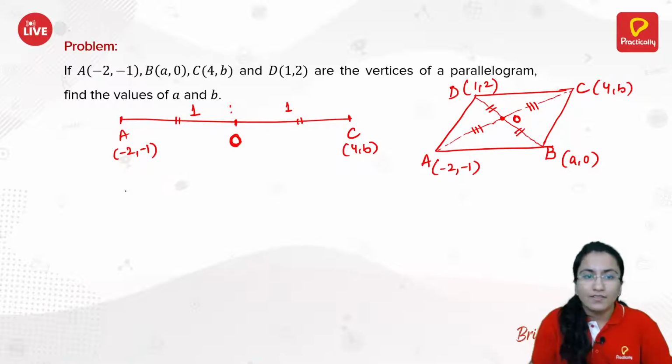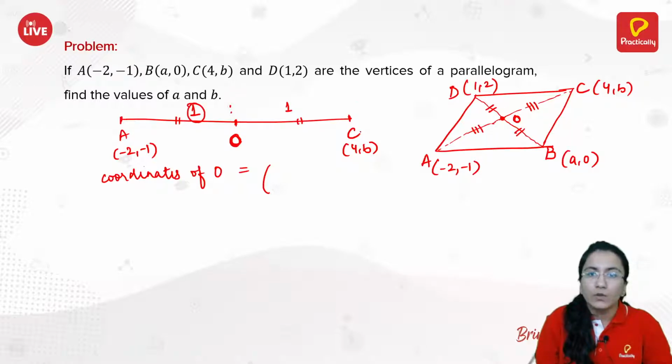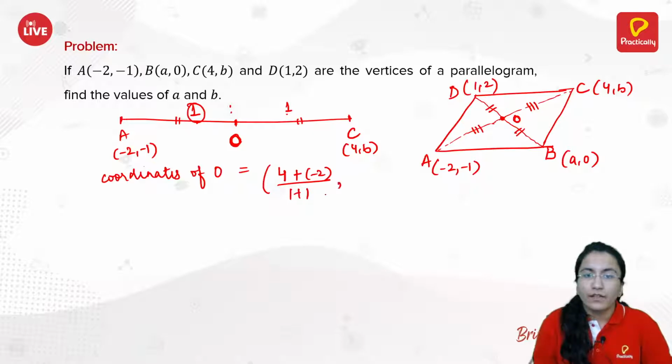So using the section formula, the coordinates of O are: (1 times 4 plus 1 times -2) divided by (1 plus 1), comma, the y coordinate: (1 times -1 plus b times 1) divided by (1 plus 1).